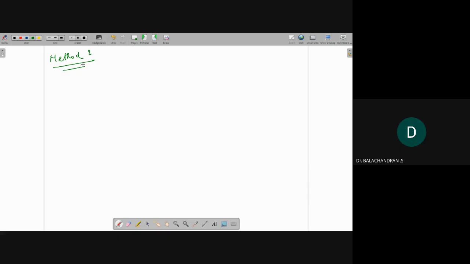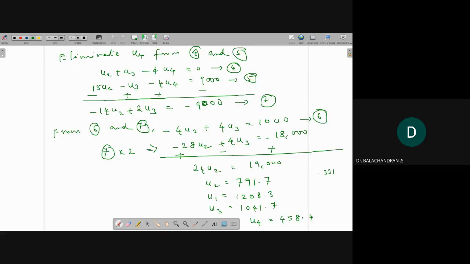So again, I need to go to the table. So in method 2, okay, I need to assume any one of the u1, u2, u3, u4 values.